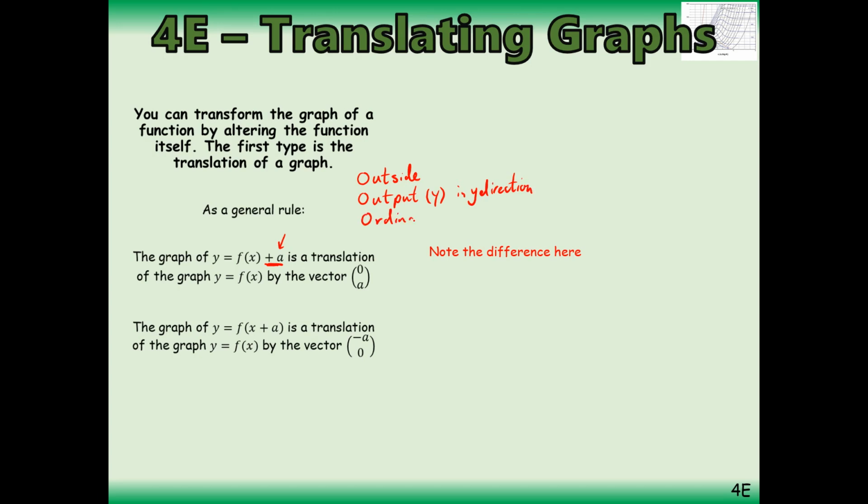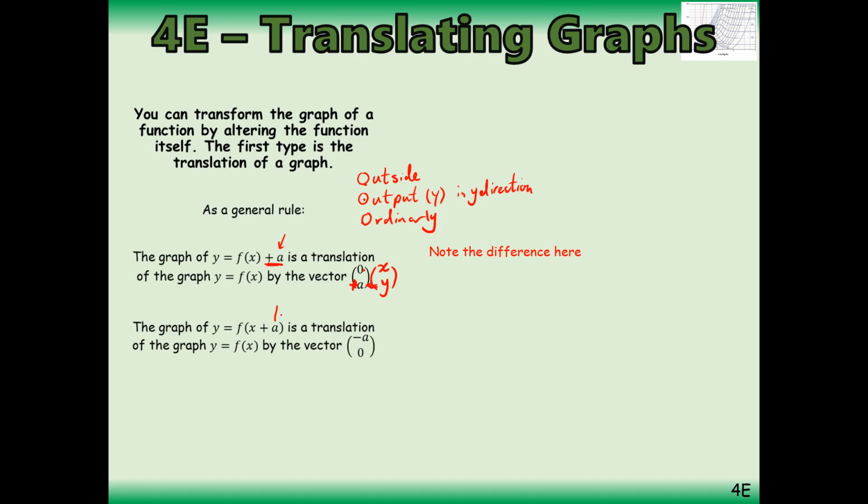By ordinarily, I'm trying to emphasize that O, it means that if we add something else after the function, it will be a plus. This a is positive, so plus a will be plus a here. If this was minus a here, the vector would have been, this indicates the x value, this number on top of the vector, and the number at the bottom of the vector indicates the y value, or the shift that will happen in the y direction.